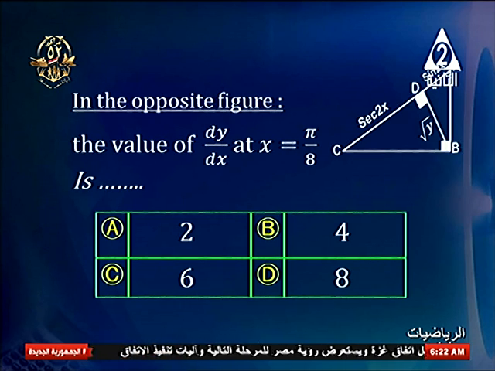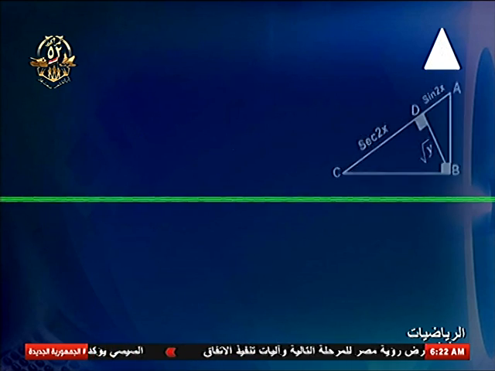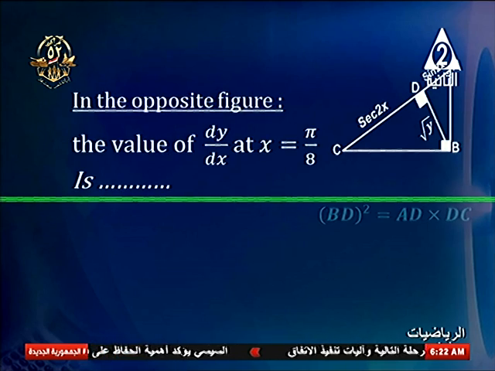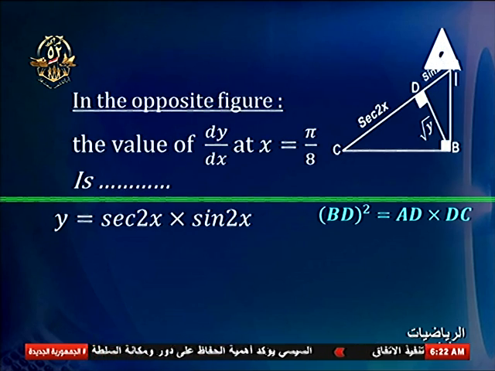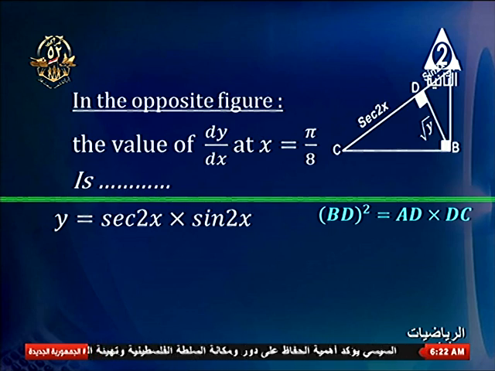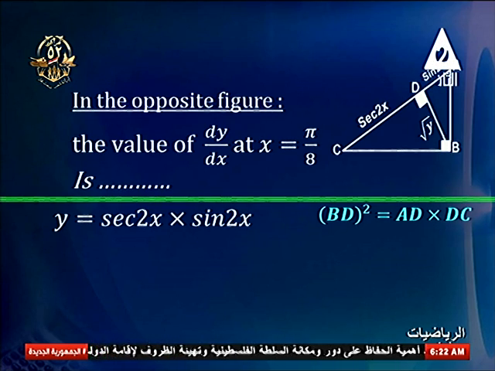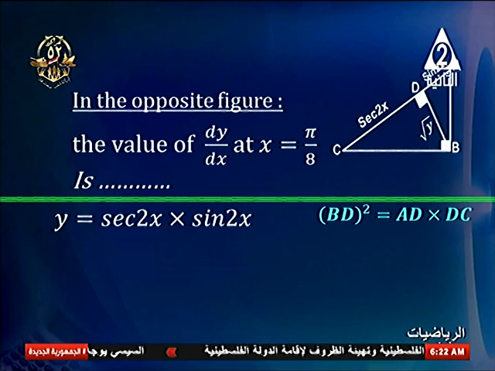Remember, my dear student, the rule: BD squared equals AD multiply DC.